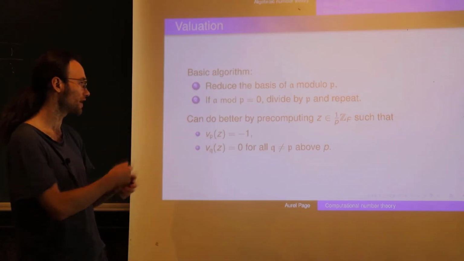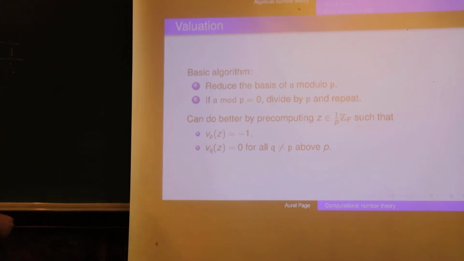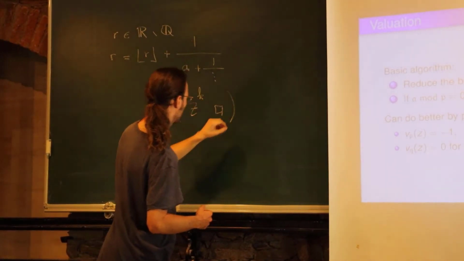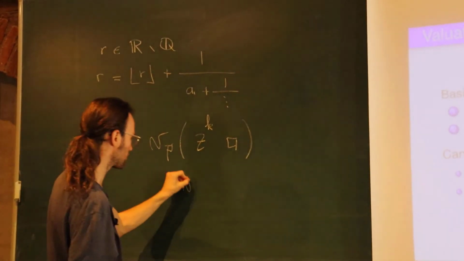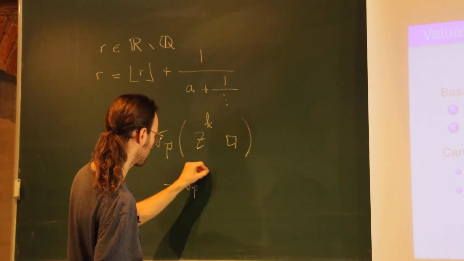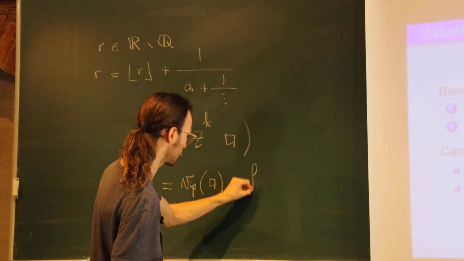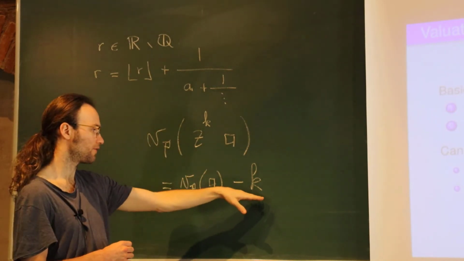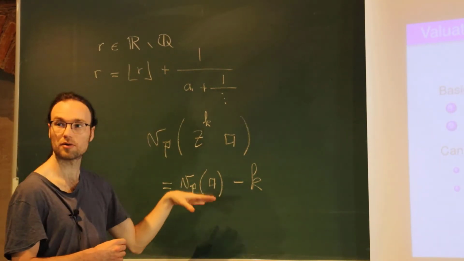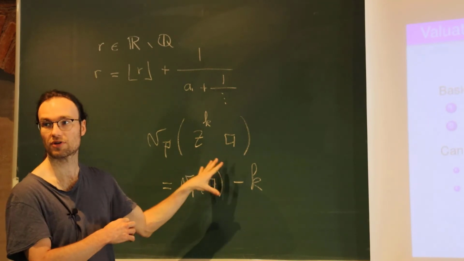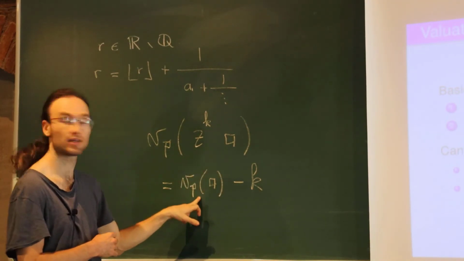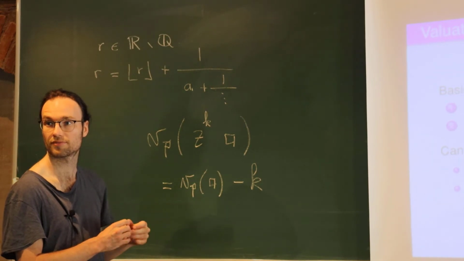You look at the valuation of p^k times A. And this is just going to be v_P(A) minus k. And so for various values of k, at some point this will become negative, and that's where you're going to have denominators. So you can detect when k is actually equal to this, which is what you want.